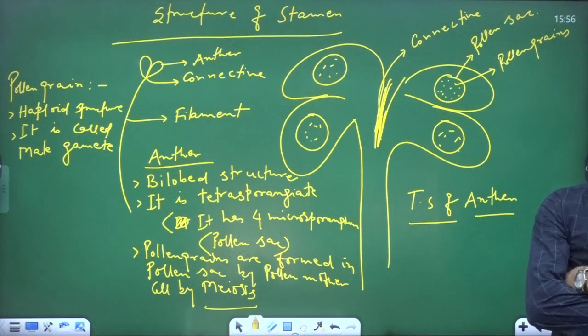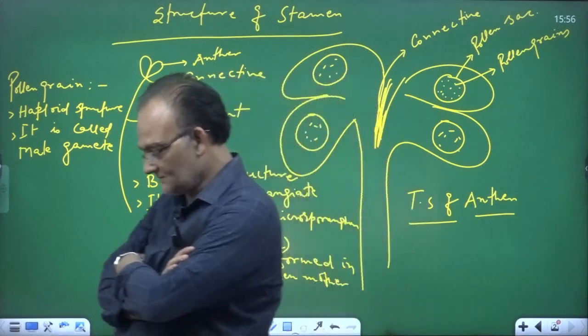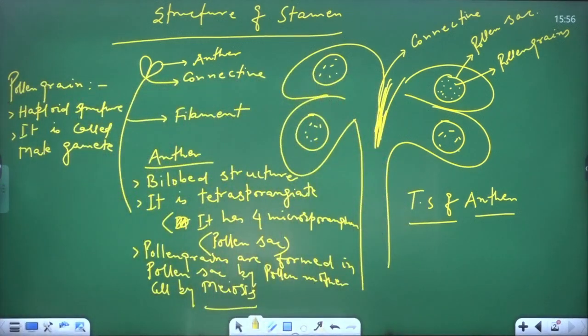And where is the pollen sac found? In the anther, correct? So this is the description of the stamen part, right?